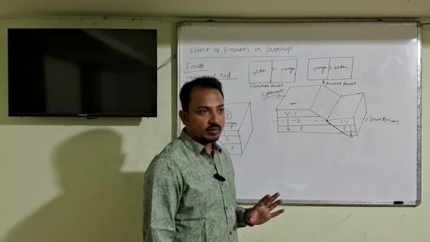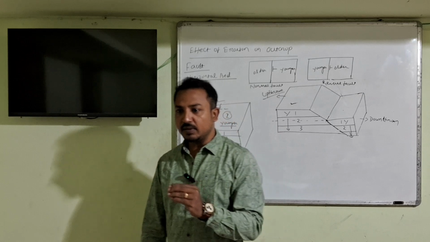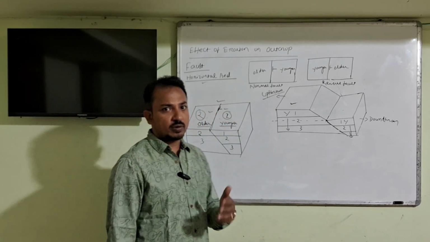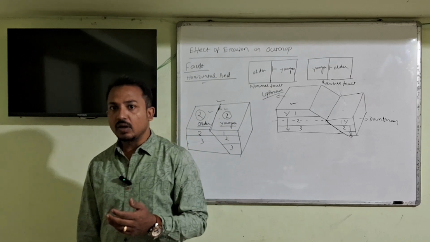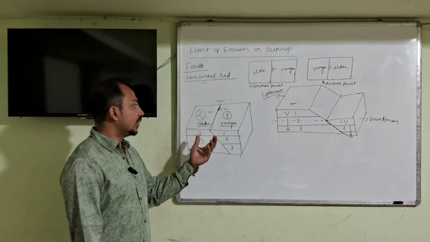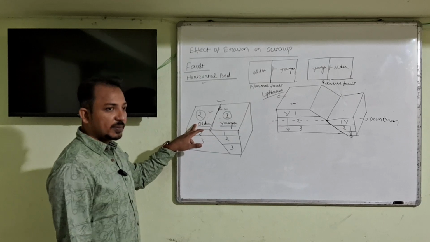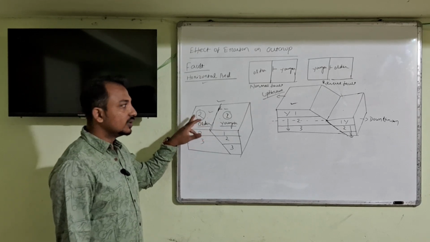Always remember the eroded part will be the up-thrown block, because which is up-thrown will undergo erosion. If it exposes the older bed, you will know that this will be the up-thrown block.